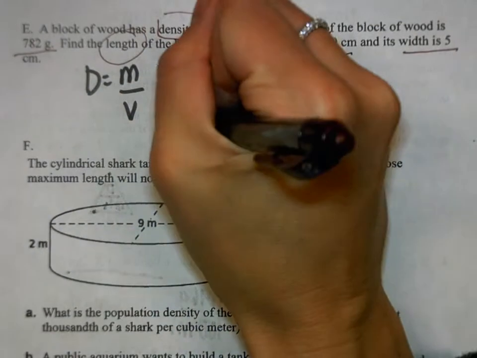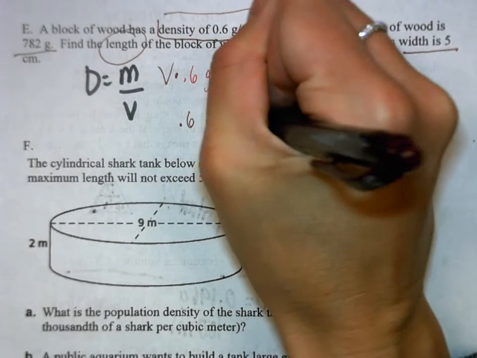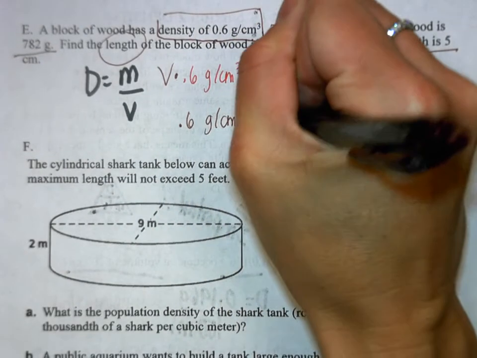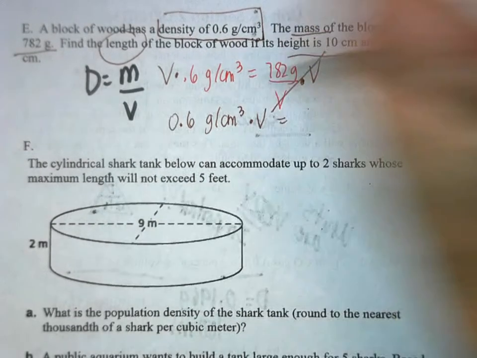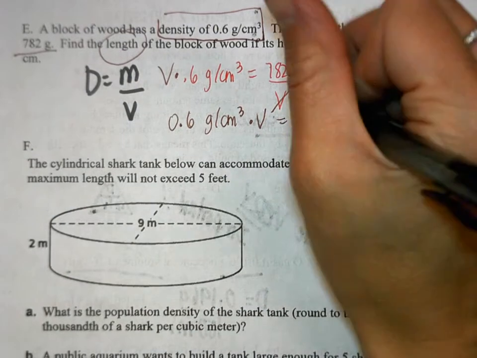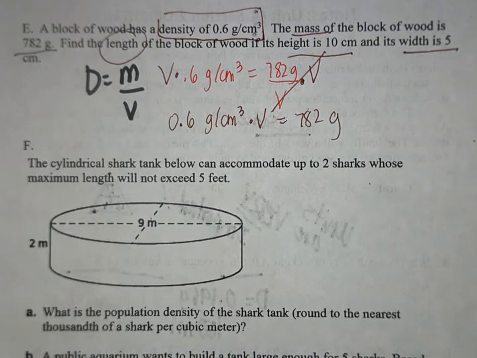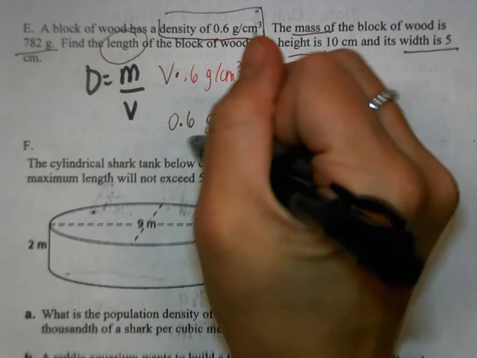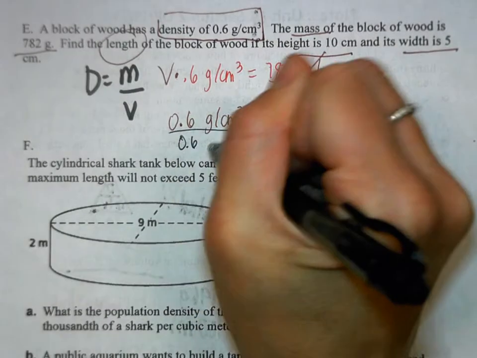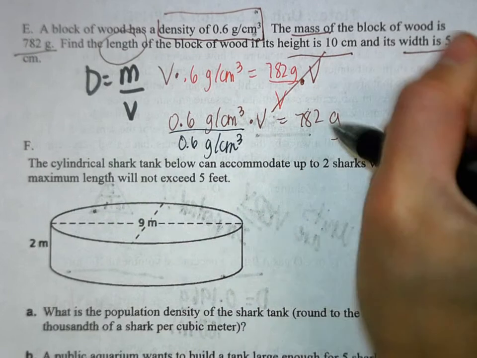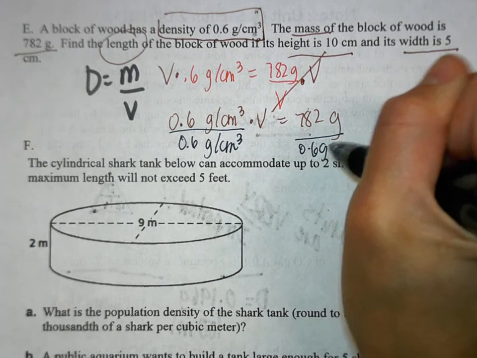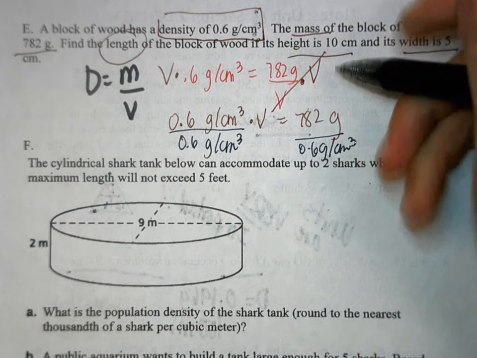So that means I have 0.6 grams per centimeters cubed times v equals 782 grams. From there, to get the v by itself, I will divide both sides by 0.6 grams per centimeter cubed. The grams cancel out.